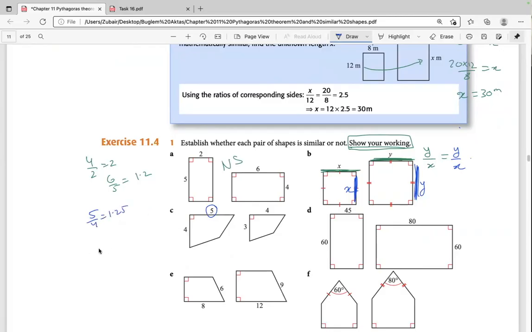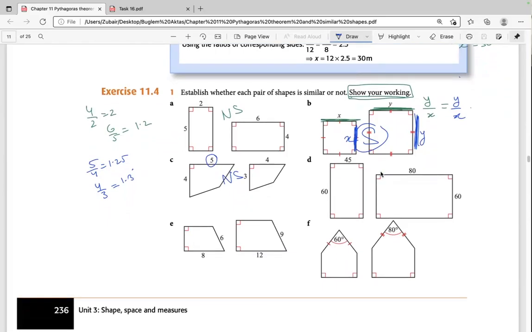And what should I check next? 4 and 3. Because I kept 5 in the numerator, I'll keep 4 in the numerator again. And 4 by 3 is giving me 1.33 recurring. So they are not similar.